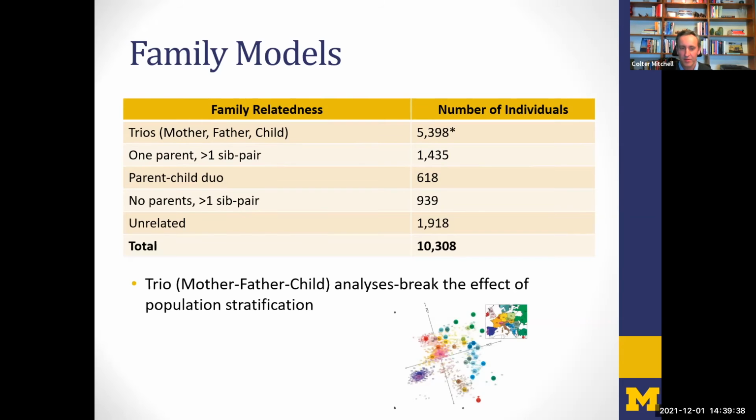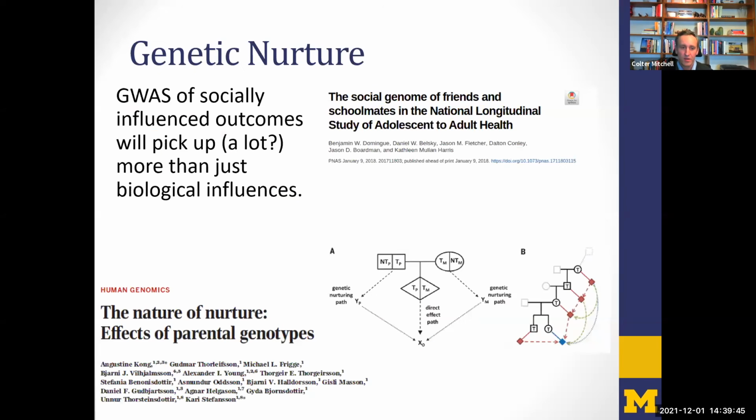But let me show you a couple other ways in which these family data will be really helpful for your work. One is what we call genetic nurturance or genetic nurture. The GWAS of these different outcomes that we're interested in are clearly influenced by the social environment, so they probably pick up more than just biological influences. So how do we look at that? There's a couple different examples.